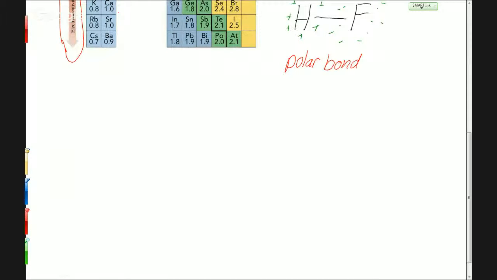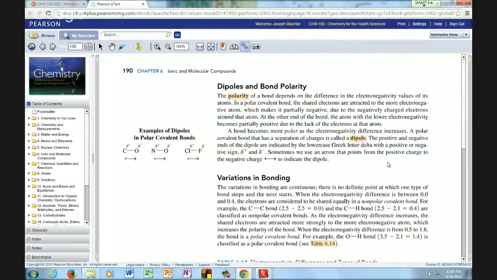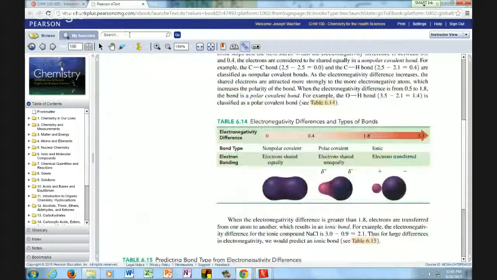What this turns into then is that there's actually variations in bonding across the whole range from purely covalent to purely ionic. It's not exactly two categories, covalent and ionic. It's like covalent, ionic, and then all this polar stuff in the middle. And the book gives a general guideline to that, as well as some slightly nicer pictures than I drew.